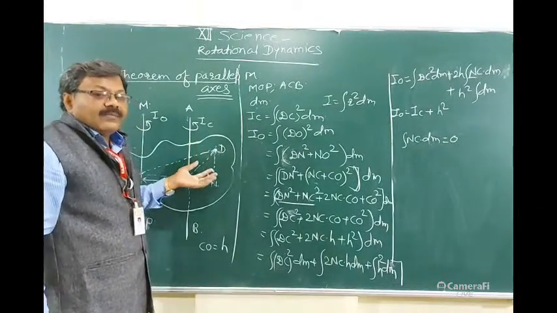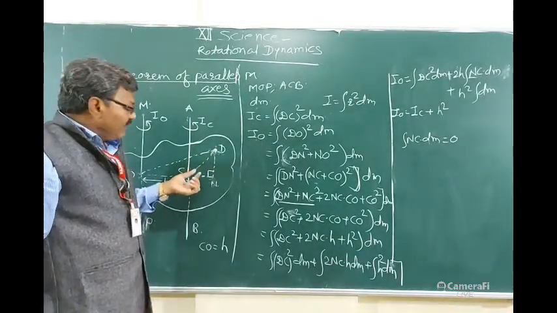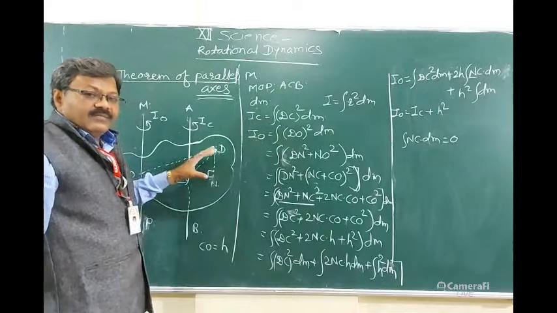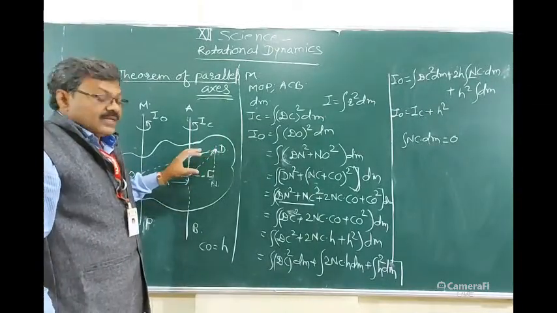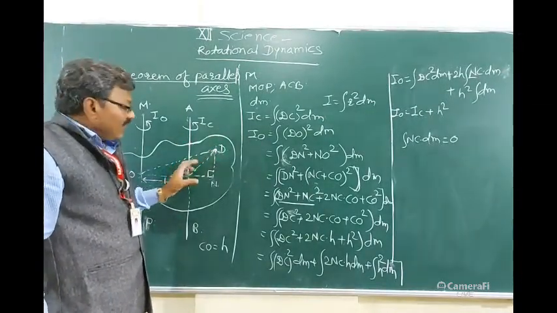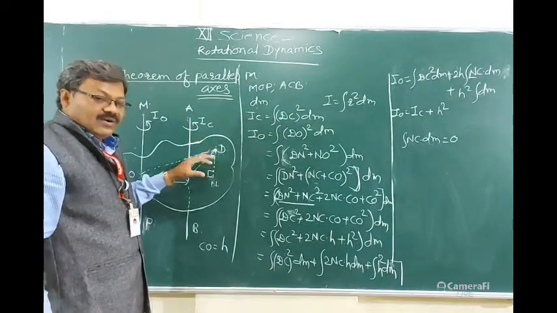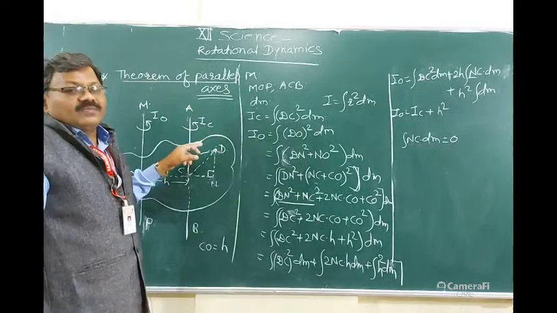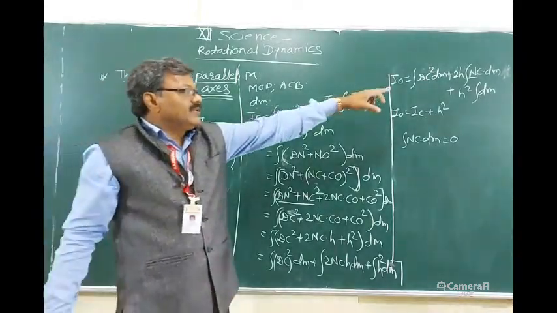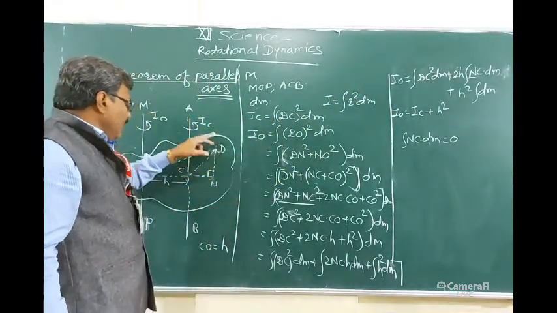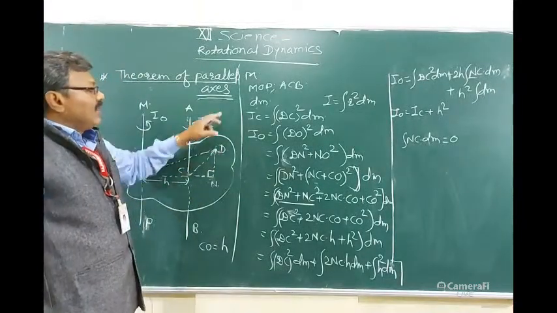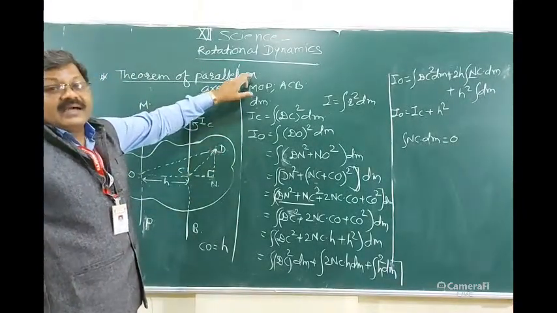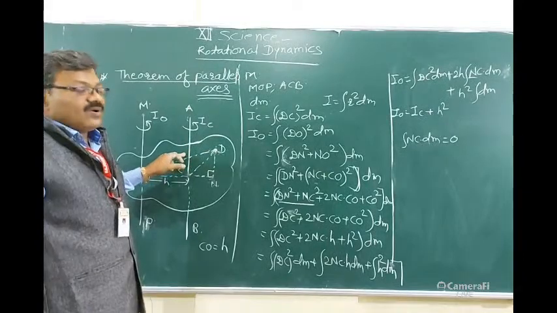Now dm1, dm2, dm3, dm4, all these are the masses of these small elements. If we take this summation or integration, the summation of all these masses gives the total mass of this body. Means integration of dm is equal to the total mass of the body, and we already considered m is the mass of this object.